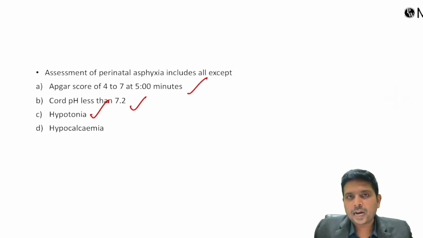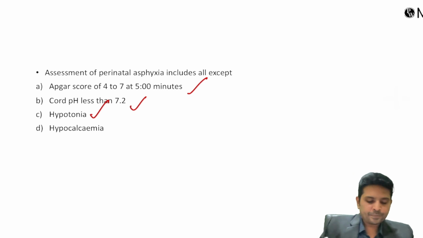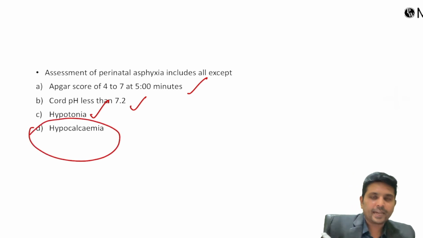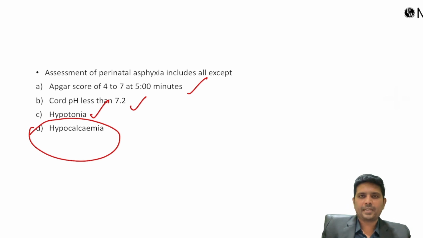So all these are included in the criteria of perinatal asphyxia, whereas hypocalcemia, one of whose risk factors is perinatal asphyxia, is not included in the criteria of perinatal asphyxia. So assessment of perinatal asphyxia includes all except hypocalcemia.